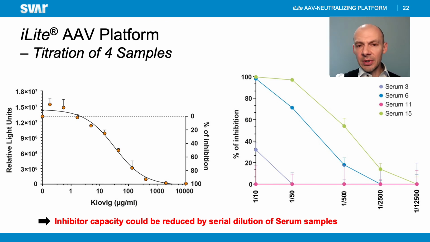You might remember I mentioned before we tested for serum tolerance, and as a result we decided to continue working with a 1 to 10 dilution, meaning 10% of human serum. In this experiment, in addition, we added dilutions of 1 to 50, 1 to 500, 1 to 2500, and 1 to 12,500. In the graph on the right-hand side, you can see the results.